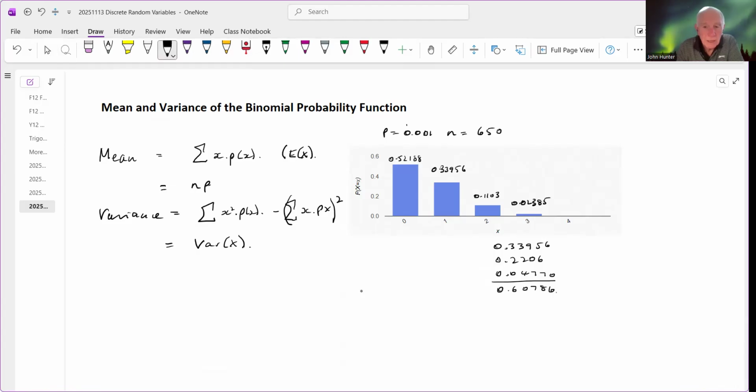We call it the expectation of x as well. It's the weighted value over all the possible values of that random variable. Across all the possible values, we multiply the value by its probability, and when we add all those up, that is the expectation. It gives you a weighted value by probability.